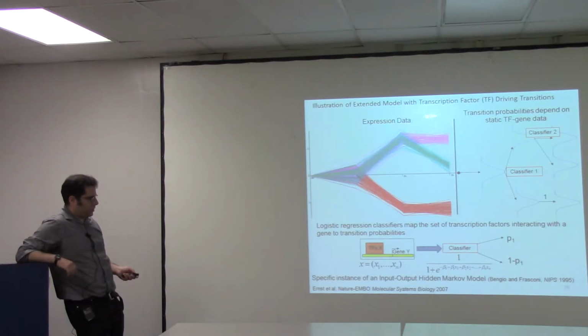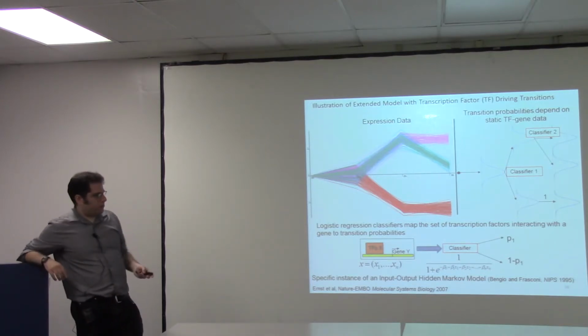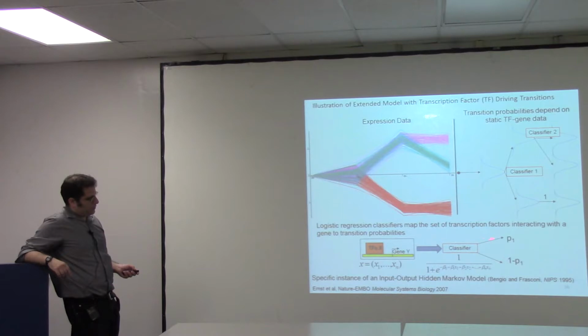Then you associate some probability. In this case we're doing a binary split, but this actually generalizes, and DREM supports 3-way or 4-way splits, and logistic regression also generalizes to multi-way classification. It would give some probability P1 of going this up path and 1 minus P1 of going this down path.